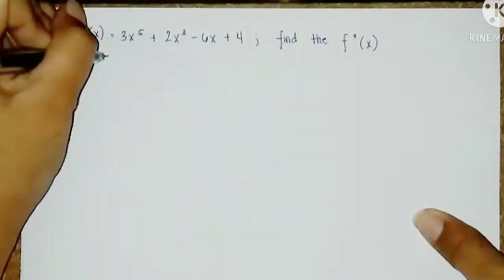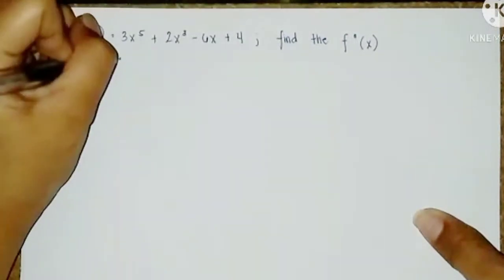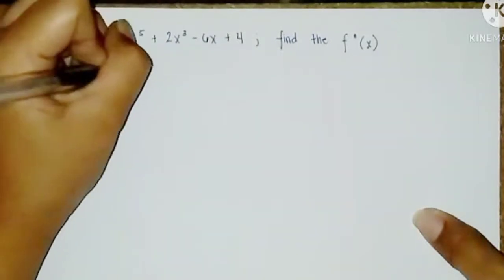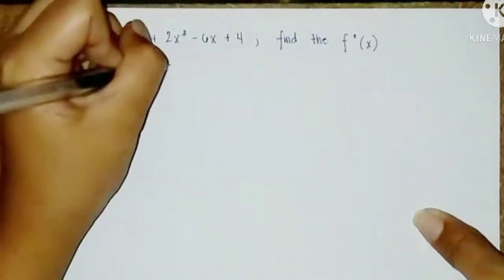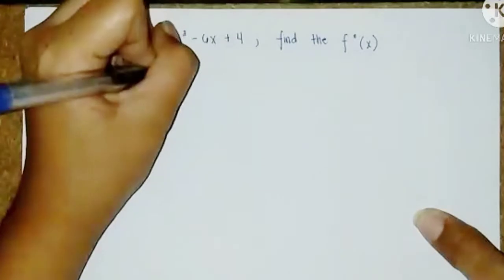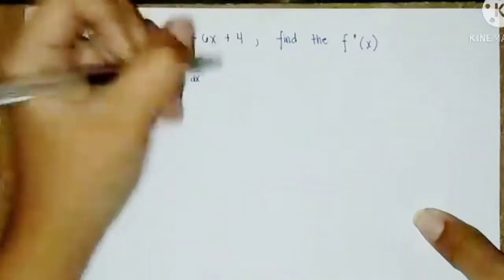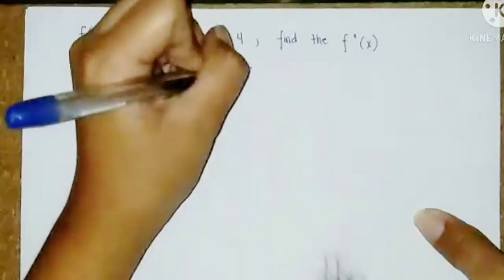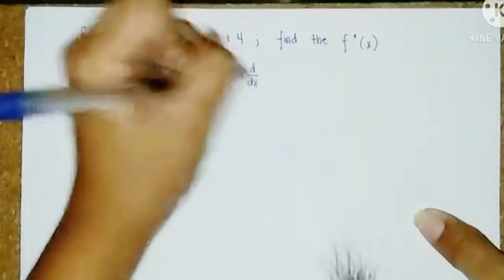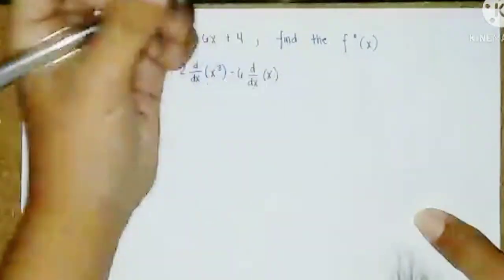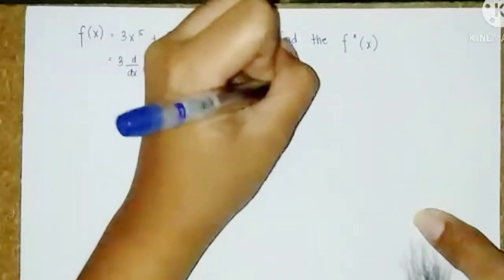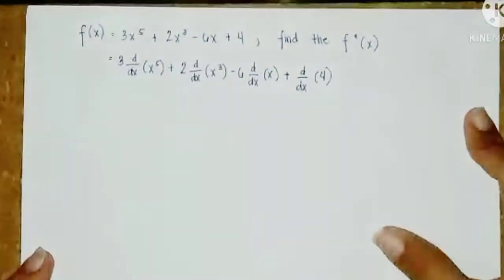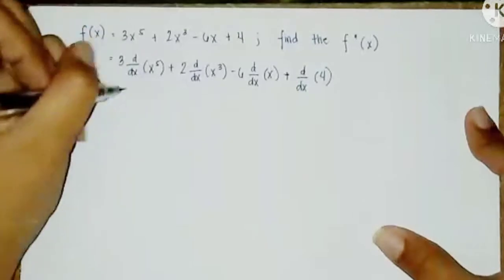So let us have 3, then the derivative of x raised to 5 plus 2, then the derivative of x cubed minus 6, then the derivative of x plus the derivative of 4.